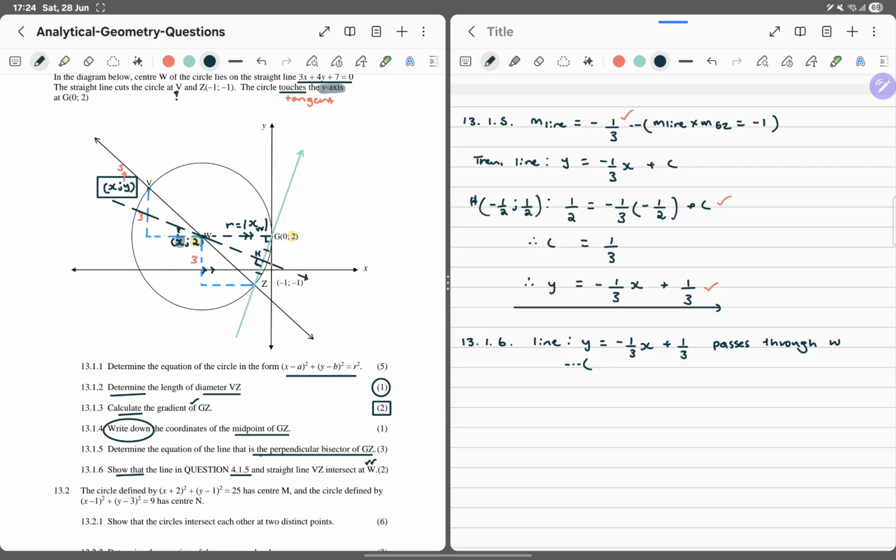It's because a perpendicular bisector of a chord passes through the center of a circle.